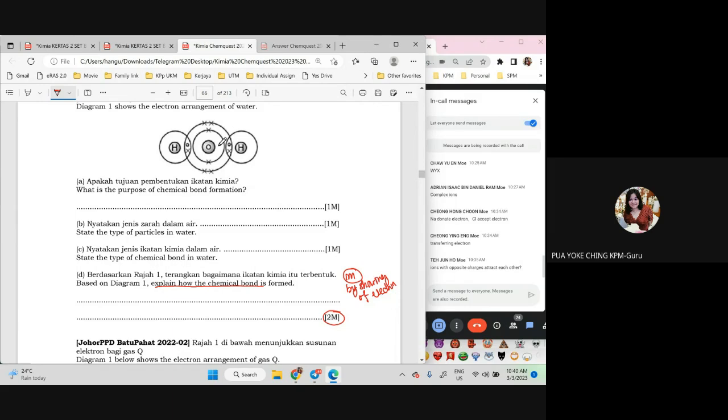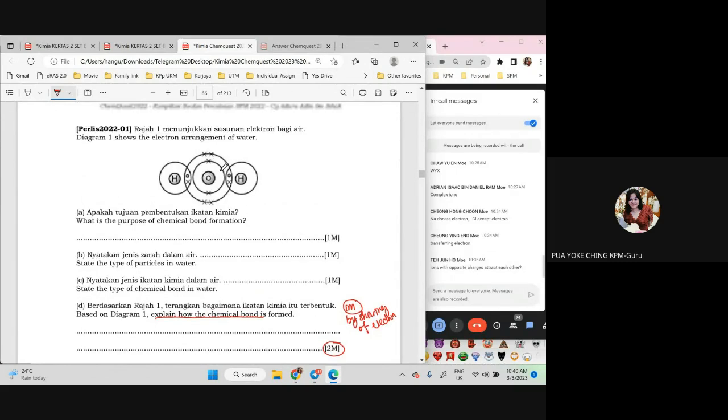Then you will write 2 hydrogen atoms share 1 pair of electron, okay, with 1 oxygen atom. Ataupun you start daripada beginning. Okay, hydrogen atom contributes 1 and 2 hydrogen atoms are needed to share with 1. Pun boleh. Okay, so you check back your answer.